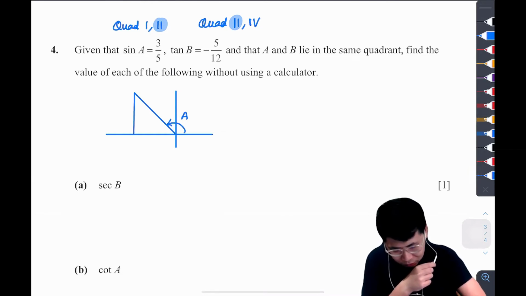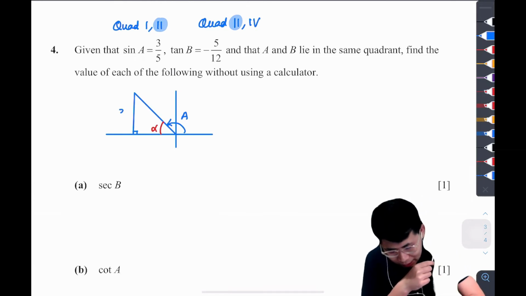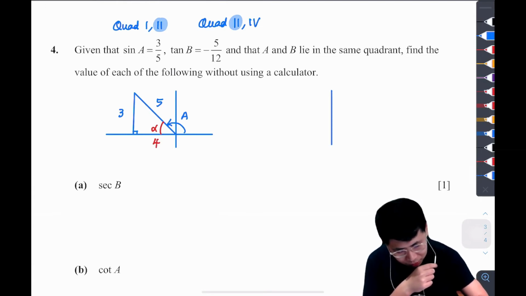So I have a right angle triangle like this. My basic angle, I will call it alpha. So sine A is 3 over 5, so opposite of alpha is 3 and the hypotenuse is 5. So this is a 3, 4, 5 triangle. Next for angle B, let me draw angle B like this.